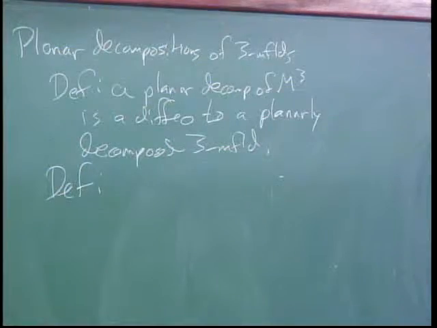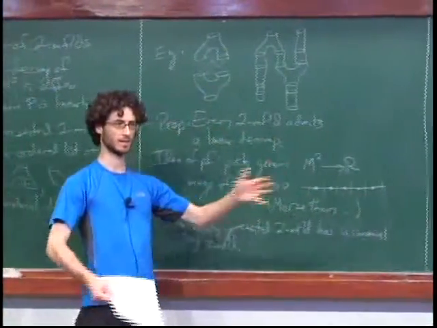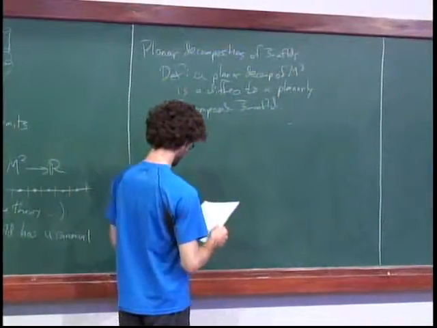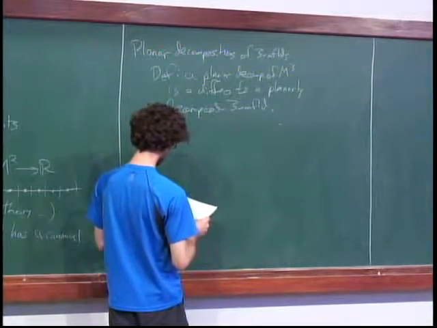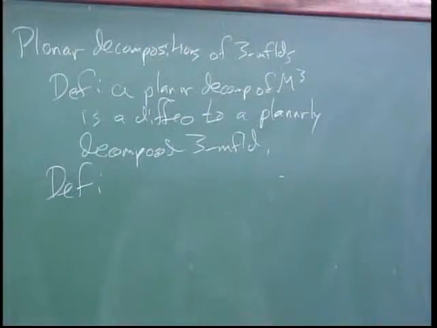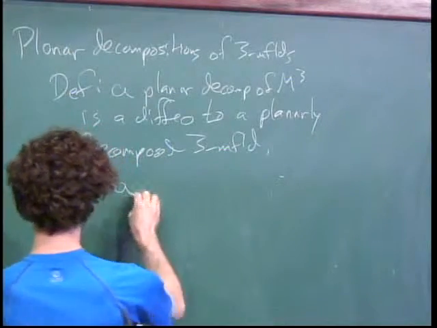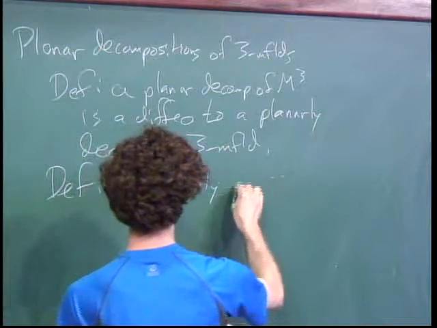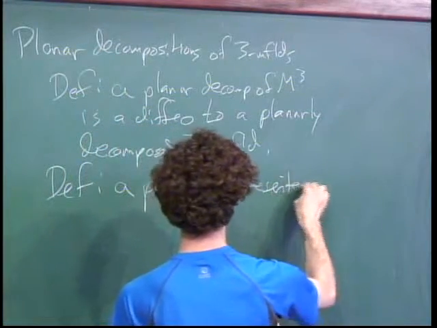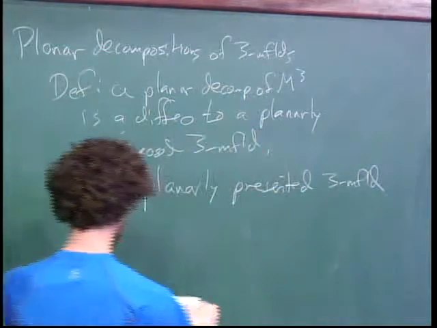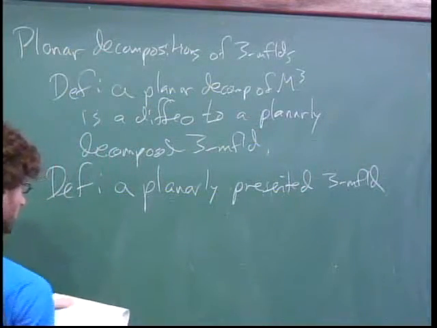And then I need to tell you what a planarly decomposed three-manifold is. It's going to be the same sort of thing, except instead of mapping down to a line, we're going to map to the plane and chop it up into tiny little bits. Unfortunately, it's a little more elaborate to say, but let me say it quickly nevertheless. So a planarly presented three-manifold, actually, maybe I won't give a completely full, precise definition.